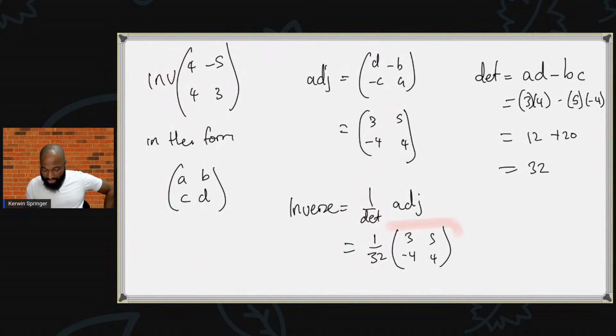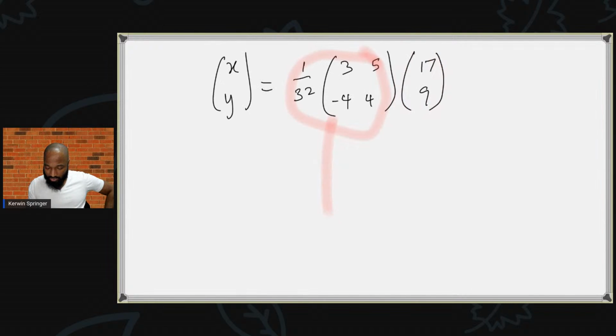As I said, I could put 1 over 32 and just divide everything by 32, but I choose to leave the 32 on the outside. So let's go. This will be 1 over 32 multiplied by 3 by 17. How much do you get? Again, 51 plus 5 by 9.